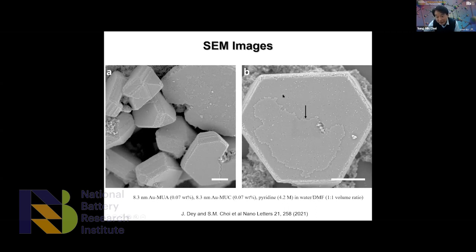Like adatoms, single particles are around here, and then these particles mostly go to the edge, which makes them more stable. The coordination number increases when they go there, and they grow one layer, and then on top of that another layer goes on. This is an SEM image of the gold superlattice.